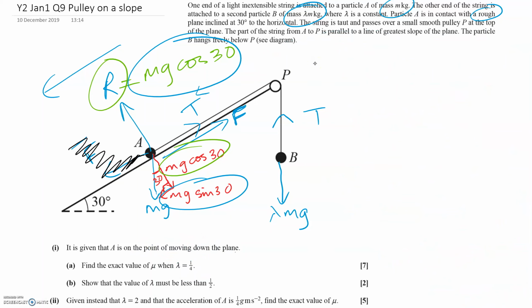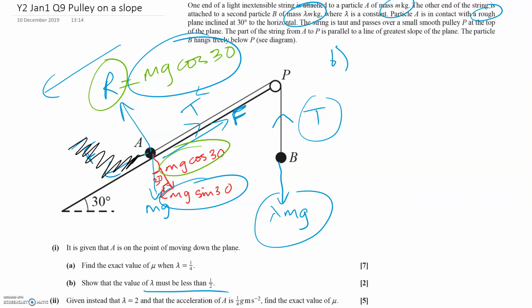In part B, it says show that the value of lambda must be less than 1/2. So if we find an equation involving lambda, we know that T equals lambda mg, but that doesn't really help us.